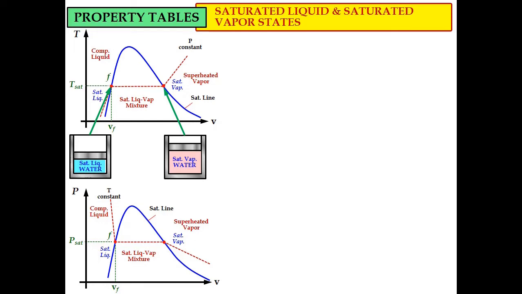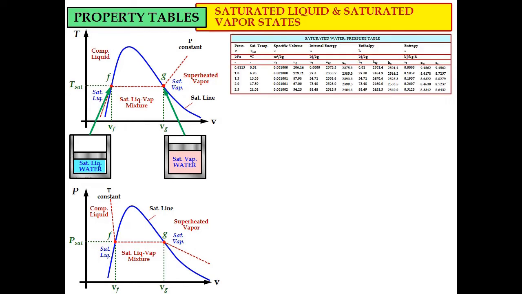The symbol that we use to describe the saturated vapor state is G, small letter G. Whatever properties are involved with the saturated vapor state, we will use subscript G. For example, for volume we use vg, enthalpy hg, internal energy ug, and for entropy we will use sg. Same goes for the PV diagram.